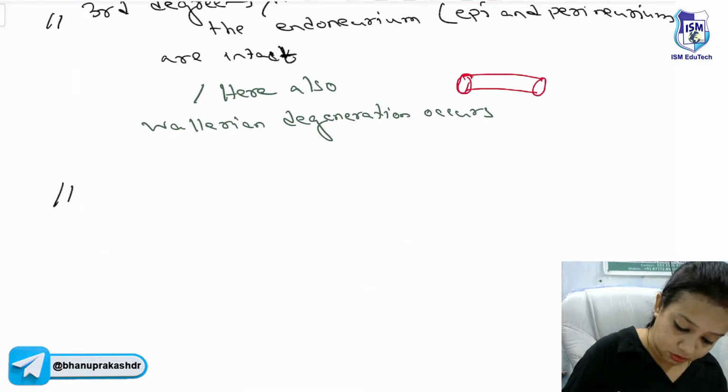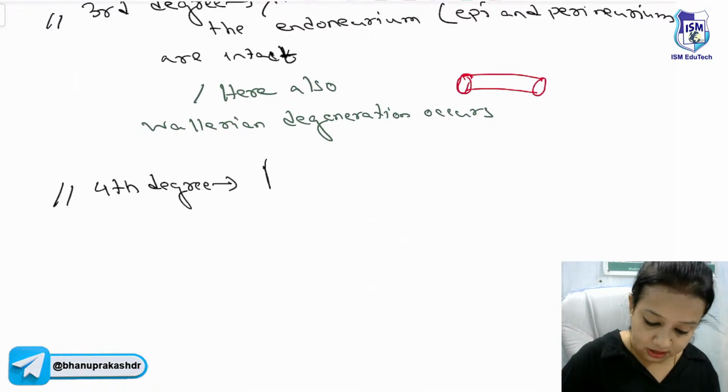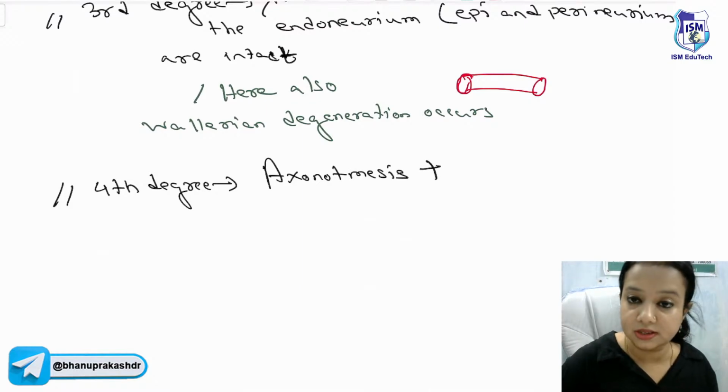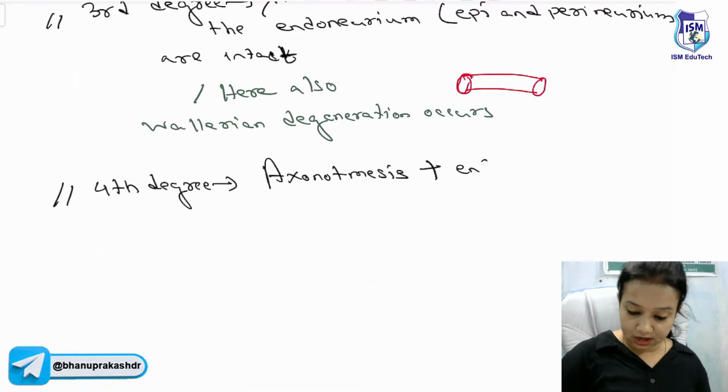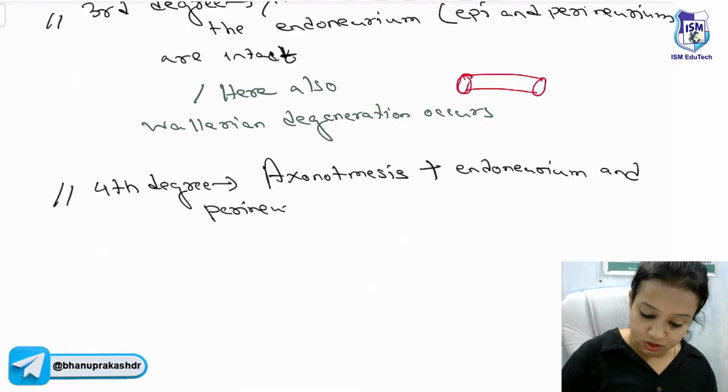Coming to the fourth degree. Fourth degree, what is it? It is again axonotmesis plus the endoneurium and perineurium.